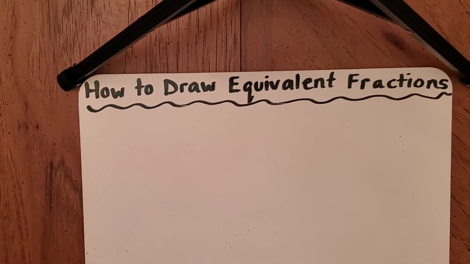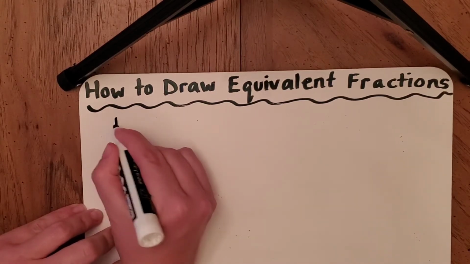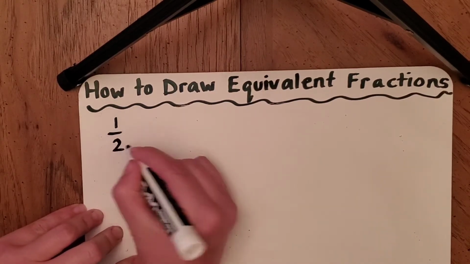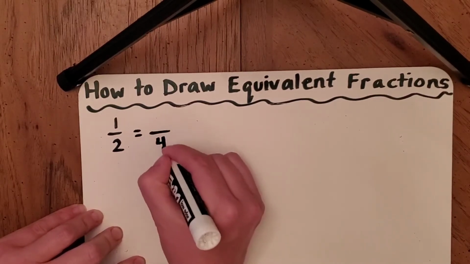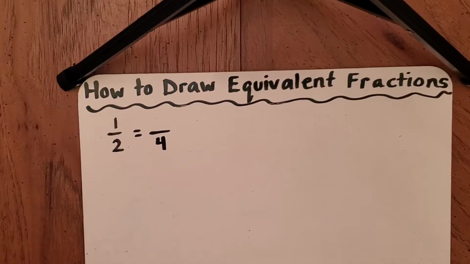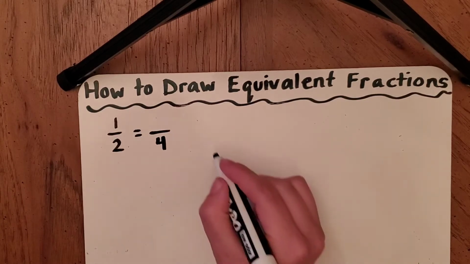The first question I want to take a look at together is this one. If I have 1/2 and I want to figure out how many fourths would be equivalent to that 1/2, I would start off by drawing 1/2.